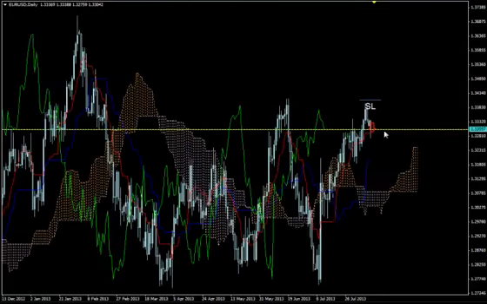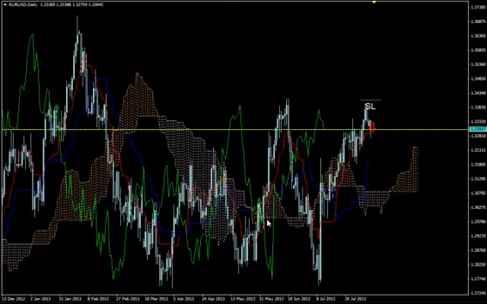We see that the pair is on a bullish move. It's going above the Kumo, but below it there is a plateau, a flat top Kumo, which acts as a magnet for the price.